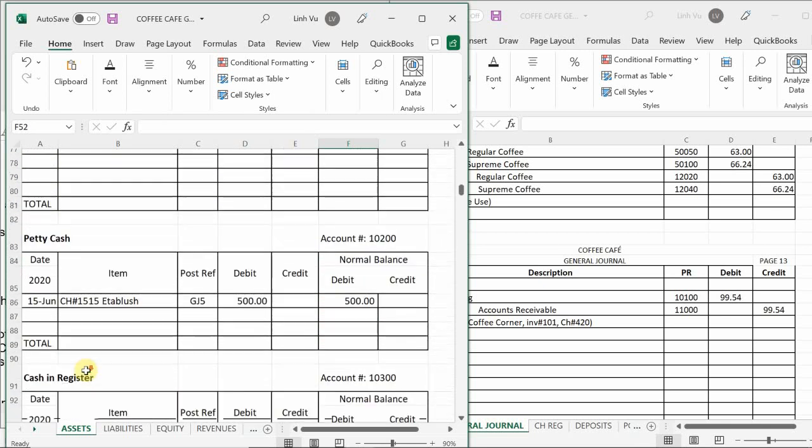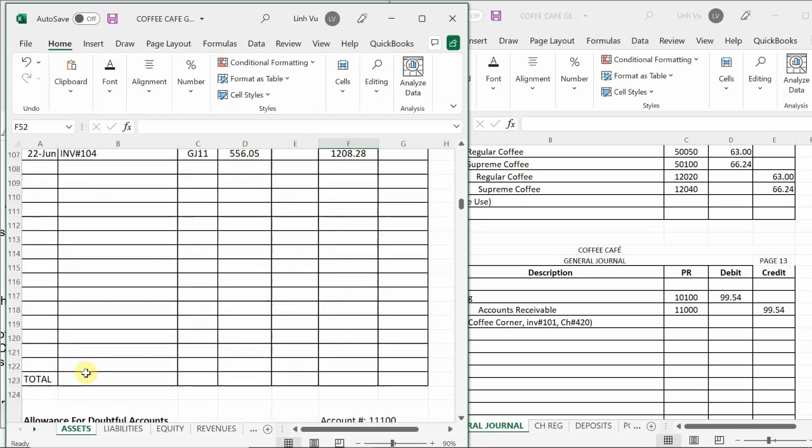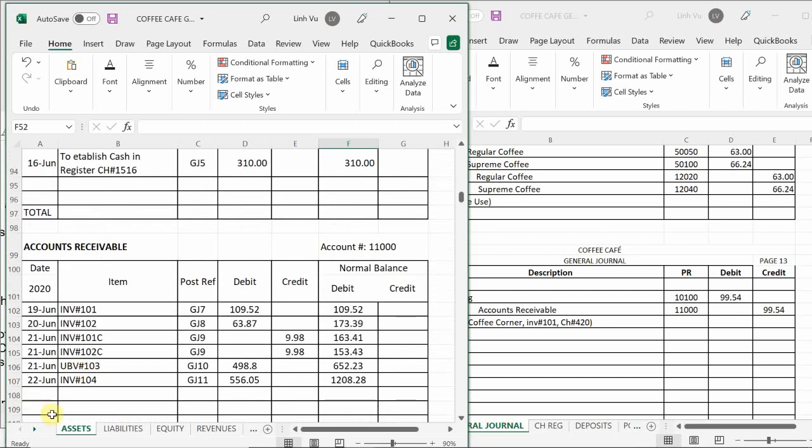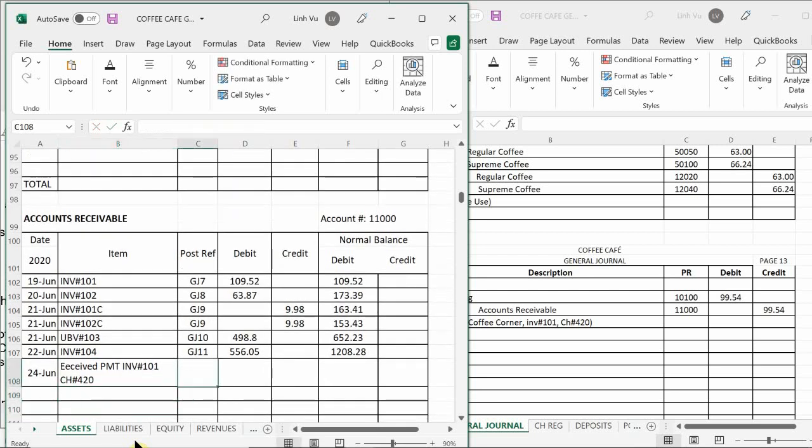Then I also have to go to my accounts receivable. General Journal 13.